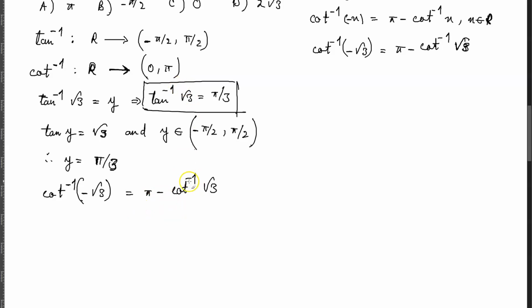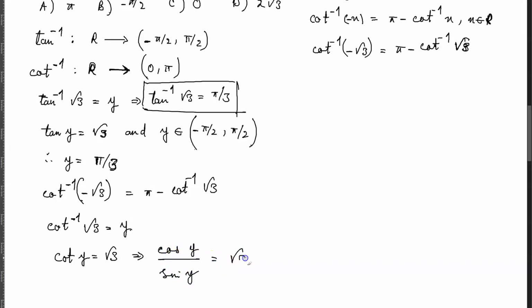Now, if I set the cot inverse of the square root of 3 equal to y, that means that cot of y is equal to square root of 3, which implies that cos of y divided by sine of y is equal to square root of 3.